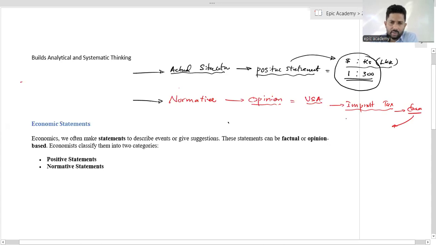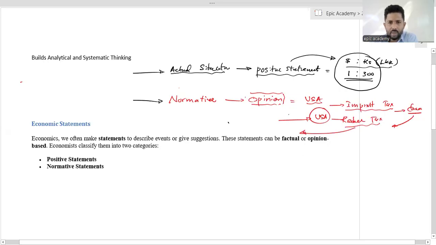By looking at that, some people will form some opinion. Yes, USA must reduce the import taxes, the import tariff for China.